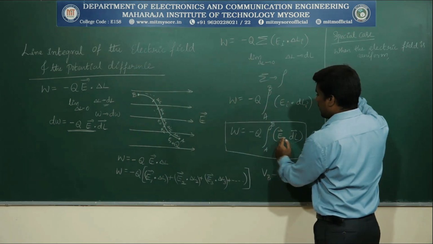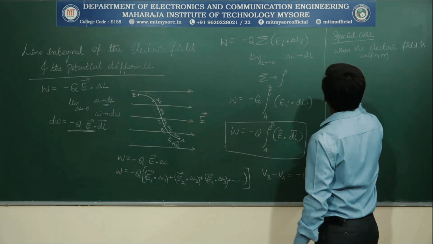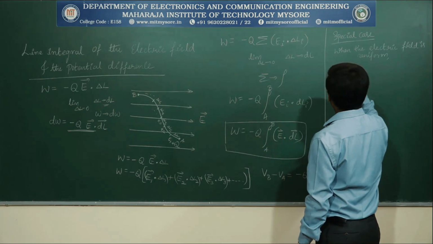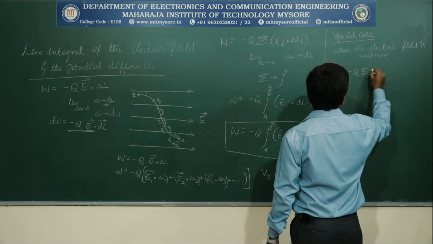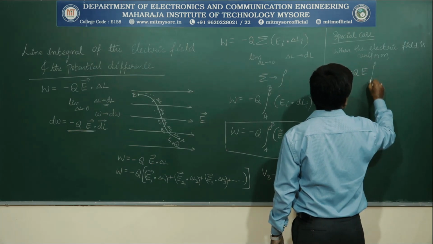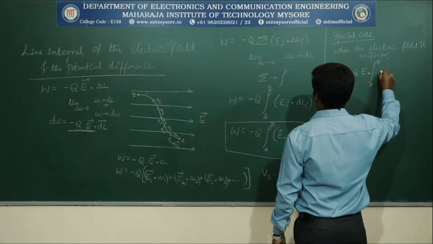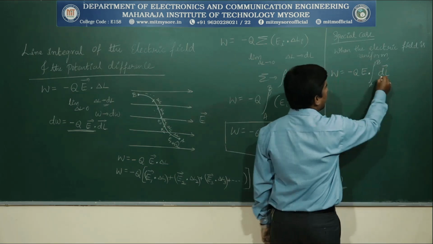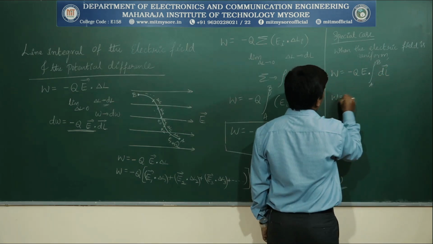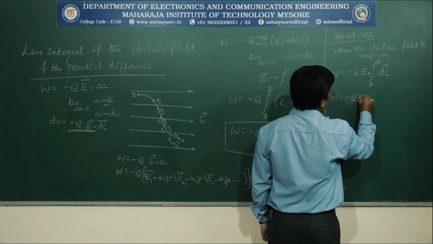Let us take E outside this integration, therefore minus Q into E times the integration from A to B of dl. If we integrate this differential length, what are we going to get?